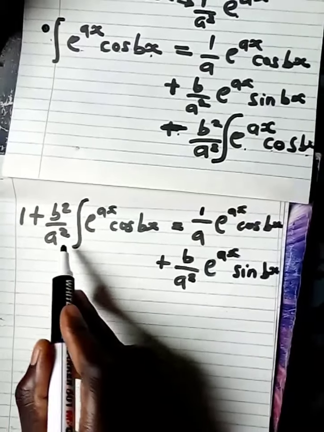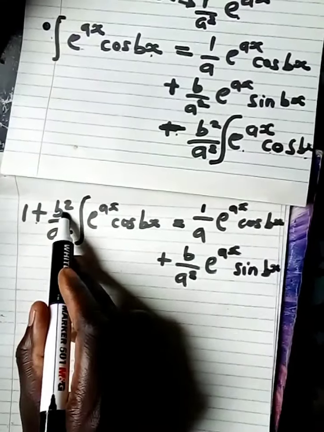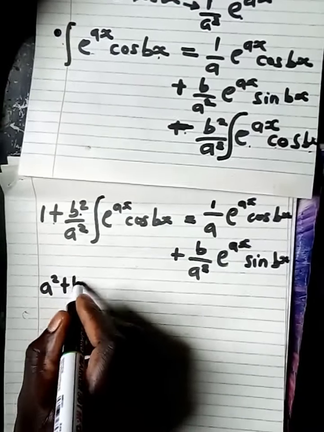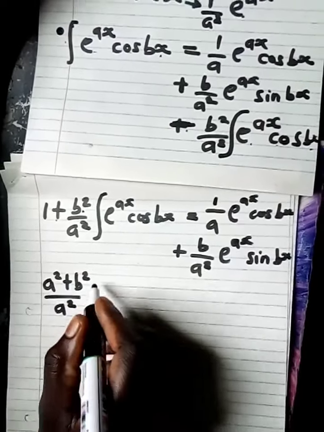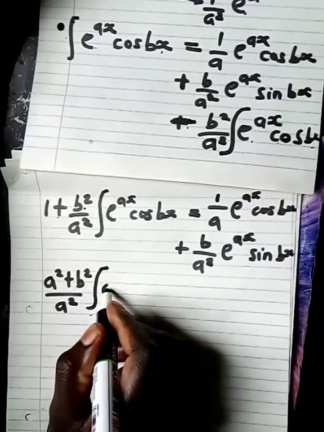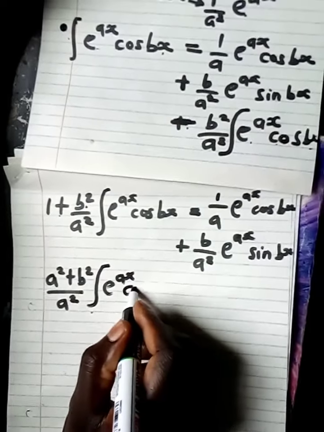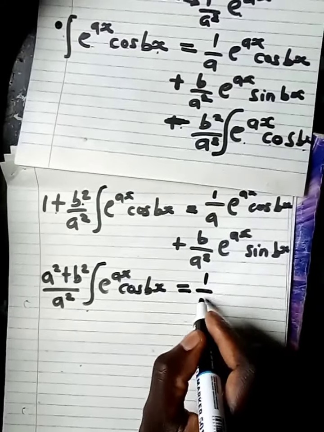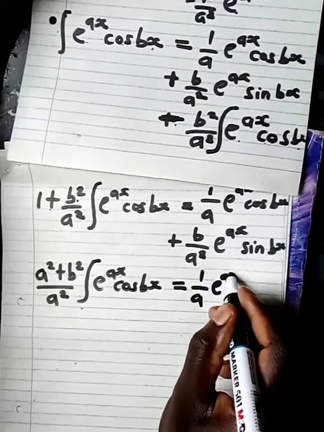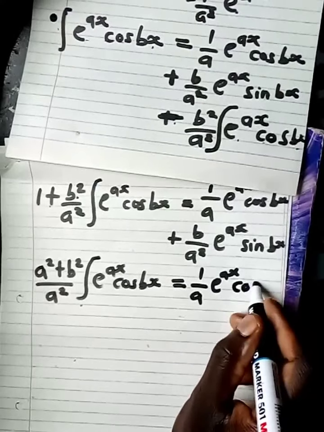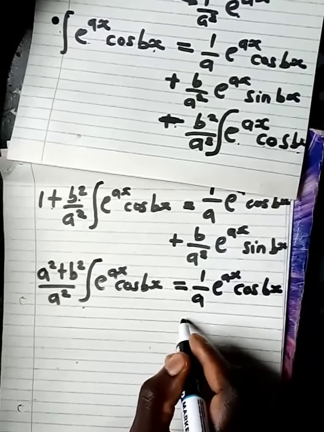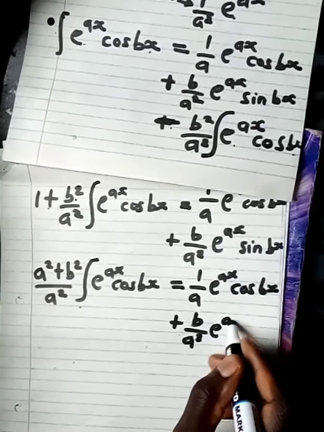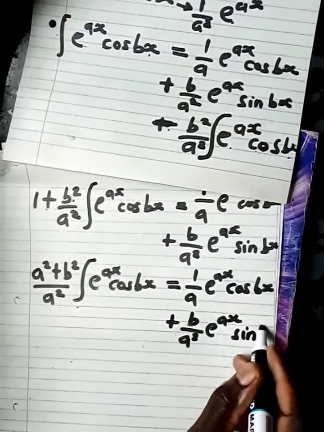Now this one is a coefficient. I can write this one in another form. This is the same as a squared plus b squared over a squared, integral of exponential ax cos bx being equal to 1 over a exponential ax cos bx plus b over a squared exponential ax sine bx.